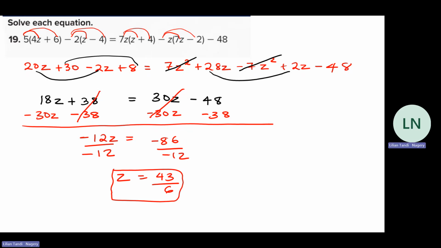You can also make it into a mixed number. So that will be 7 and 1/6 also. So depending on how it is, the best answer is this, but this is also an answer. Okay?